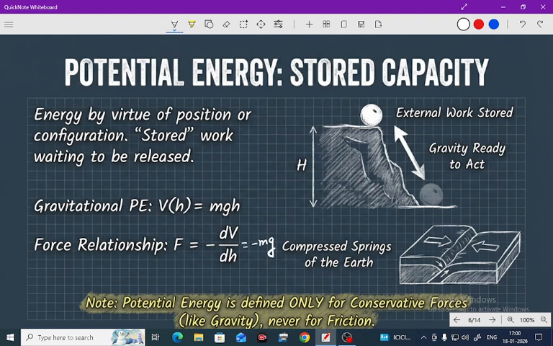Like compressed springs of the earth, gravity is ready to act; the external work is stored as potential energy, right? Potential energy is defined only for conservative forces like gravity, never for friction. Remember that potential energy is defined only for conservative forces.